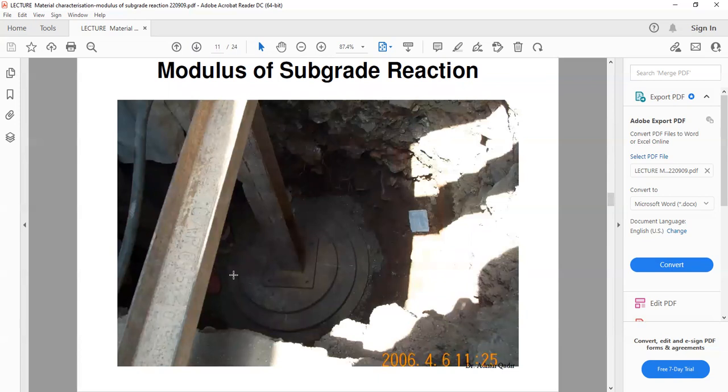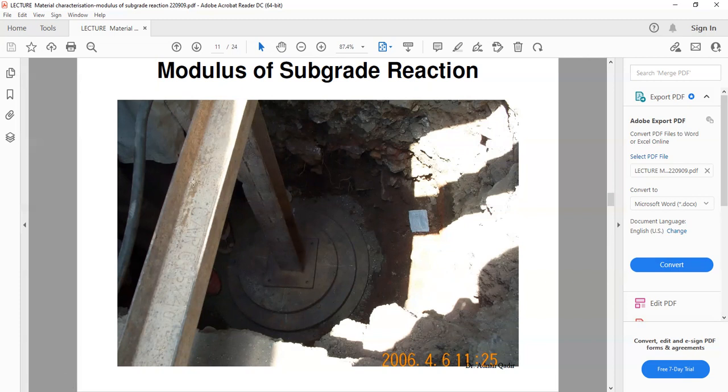This is the pictorial view of the experimental setup. In the real pictures, you can see this is the stiffener plate, which is completely intact with the soil, and then there are other size plates, and then the reaction beam.